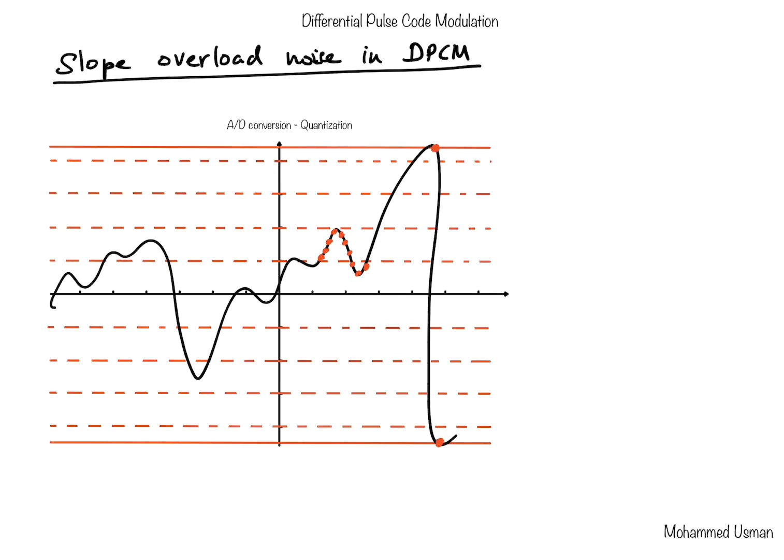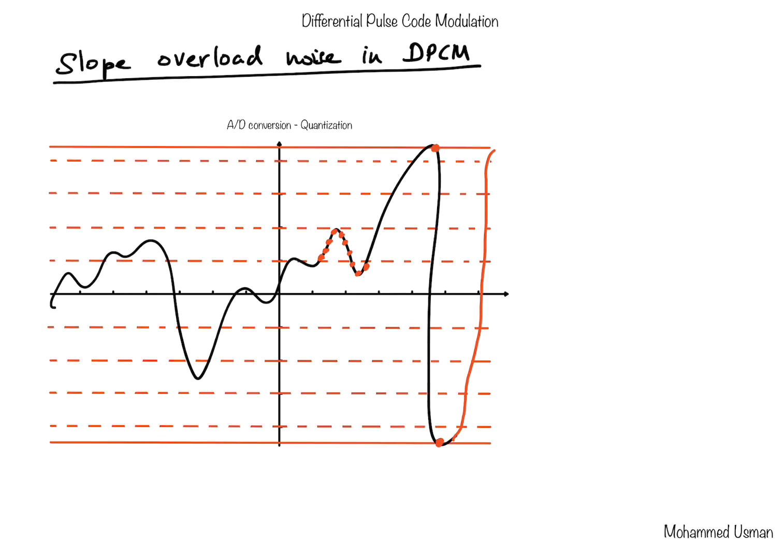It could be transitioning from the top to the bottom, or from the bottom to the top, like this, right? So in either case, when the signal has a high slope, the predictor will not be able to predict the next sample accurately, and in that case the difference sample would have a high value, which would increase its peak-to-peak range and therefore reduce the processing gain that is possible in differential pulse code modulation.